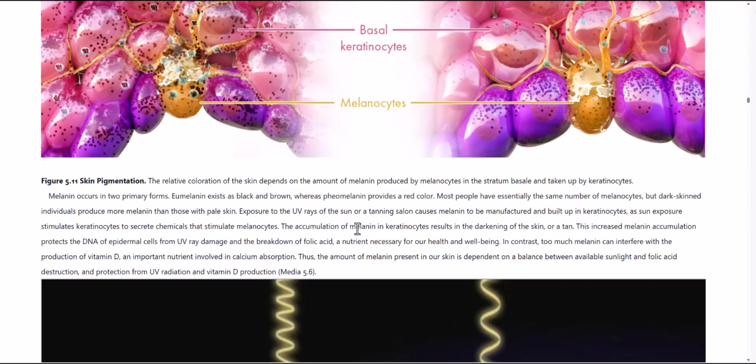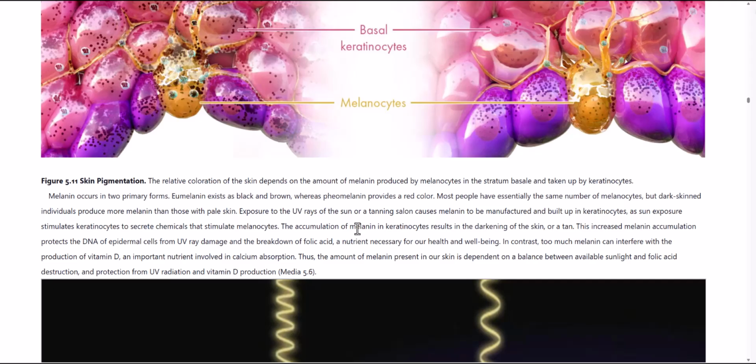But the other thing is that UV radiation is also important in your skin for making vitamin D. And so individuals with a darker complexion actually end up making less vitamin D. As we'll see in a couple of weeks, vitamin D is important for bone health.